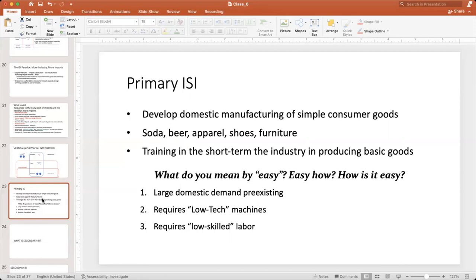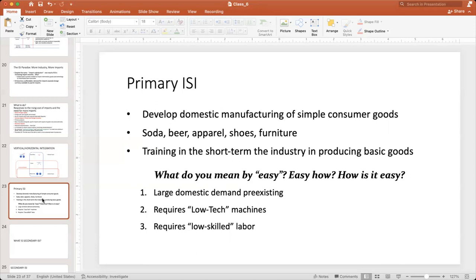However, primary import substitution industrialization is also referred to as easy industrialization. What do you mean by easy? How is it easy? It's easy in the way that there is large pre-existing domestic demand. This type of basic product is in demand, so we have the possibility to produce these types of goods and sell them in our domestic market.